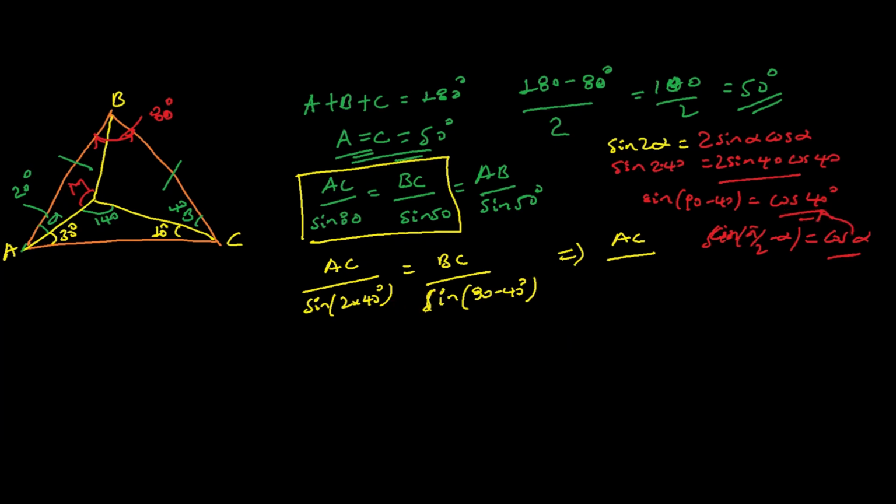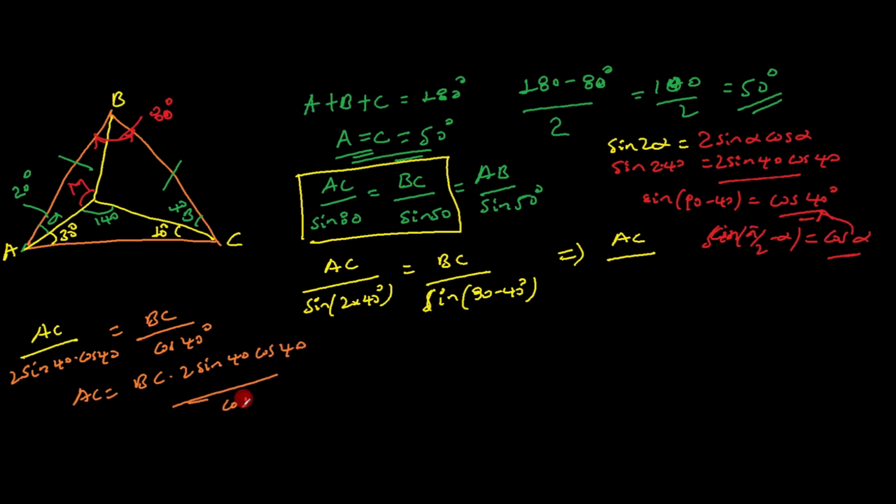So let us come back here. AC over 2 sine 40 cos 40 is equal to BC over cos 40 degree. So AC is BC times 2 sine 40 cos 40 divided by cos 40.